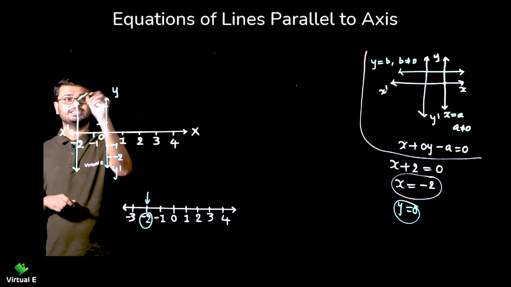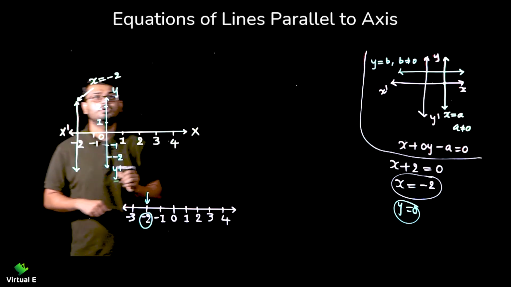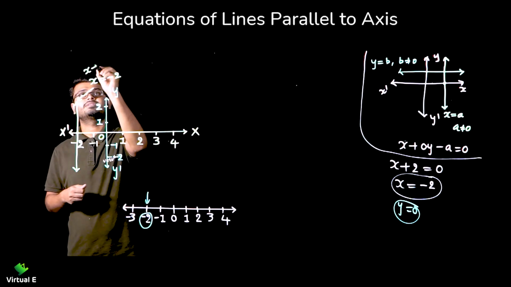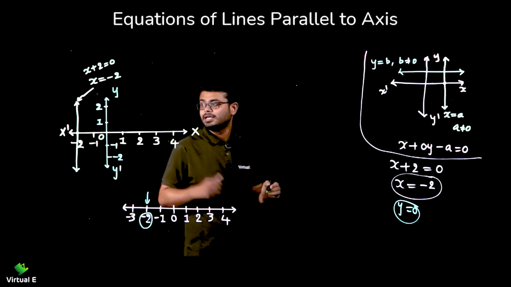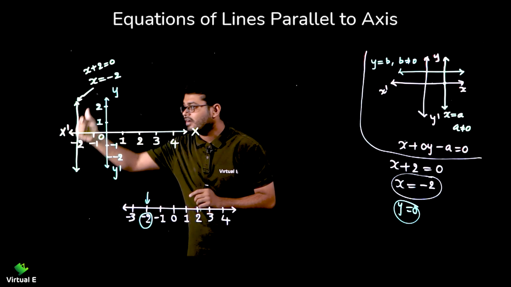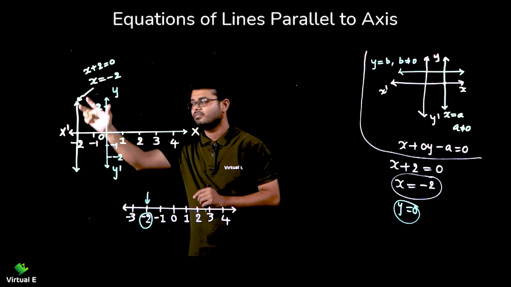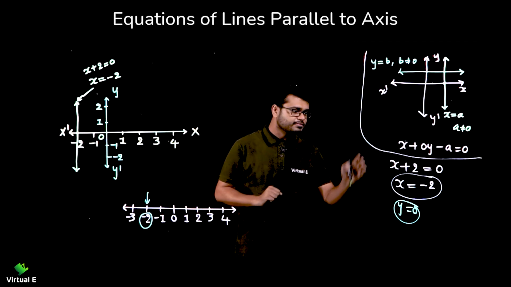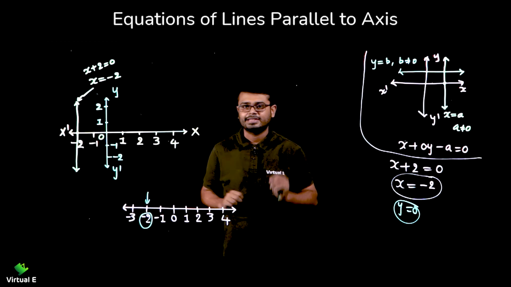That is the line of x is equal to minus 2, or you can also write x plus 2 is equal to 0. This is parallel to y-axis. You can see very clearly over here. That is the line parallel to y-axis.